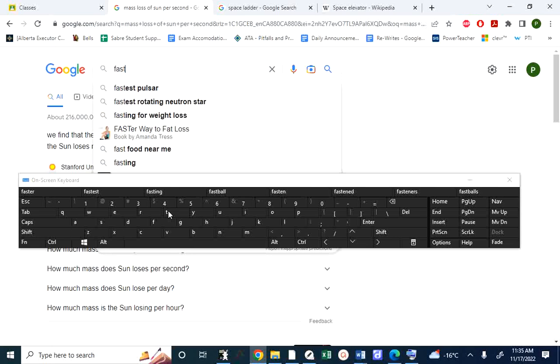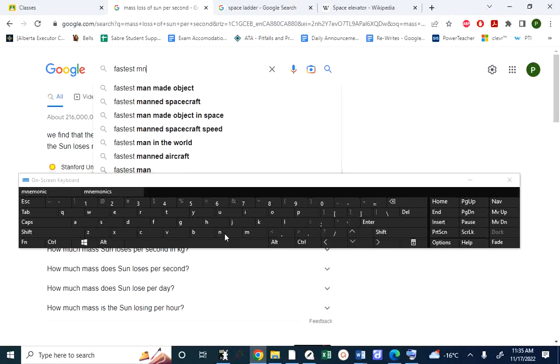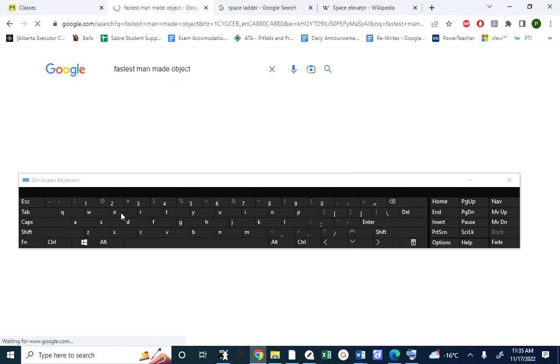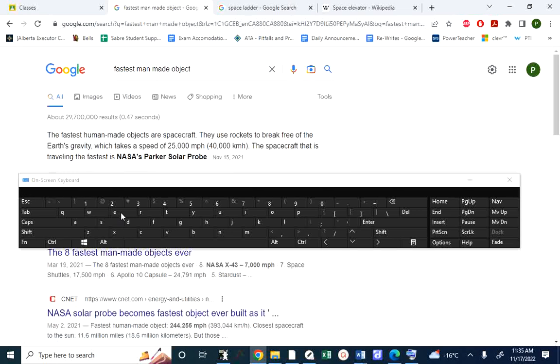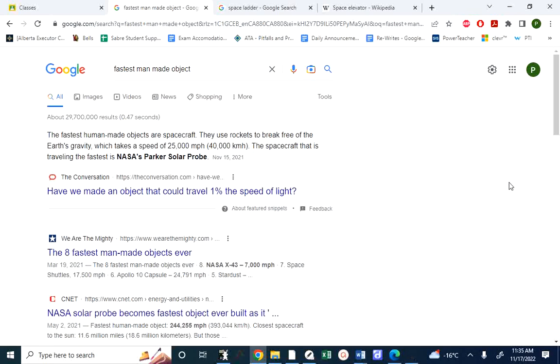Fastest man-made object. It's probably going to be Voyager, spacecraft. Actually, it's not Voyager. So, the fastest human-made objects are spacecraft. They use rockets, et cetera, et cetera.